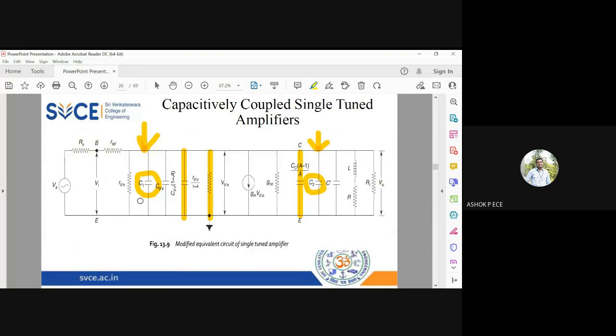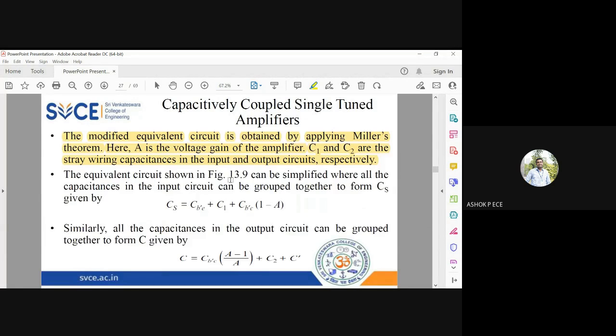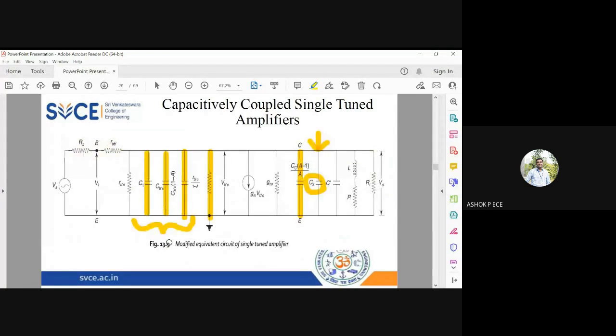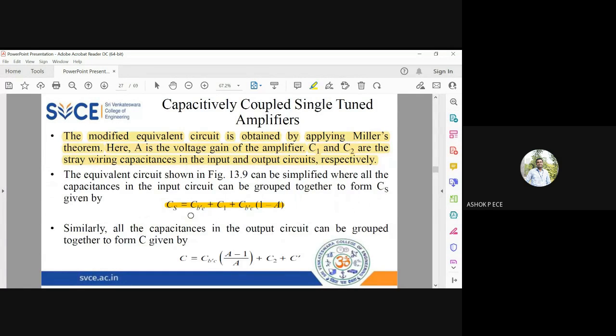At the input side, you can see three capacitors in parallel: C1, C B dash E, and C B dash C into 1 minus A. So I can club them into a single capacitance C S. Whenever you have capacitances in parallel, I am going to add all the capacitances. So at the input side, these three capacitances in parallel can be clubbed into a single capacitance C S.